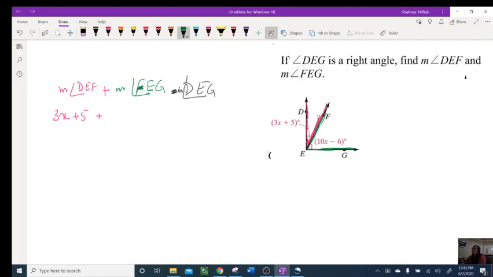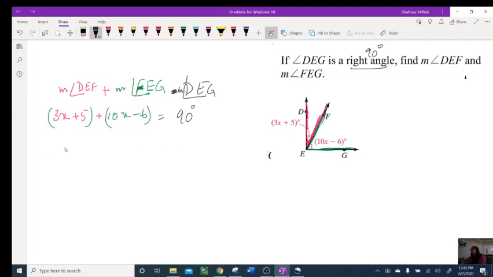This one is 10x minus 6, and I'm going to put them in parentheses, equal, what is DEG? DEG, you can tell it's 90 degrees, and they are telling me it's a right angle. So right angle means that's 90 degrees. So this is equal to 90 degrees.